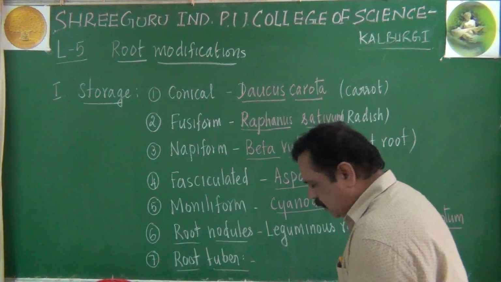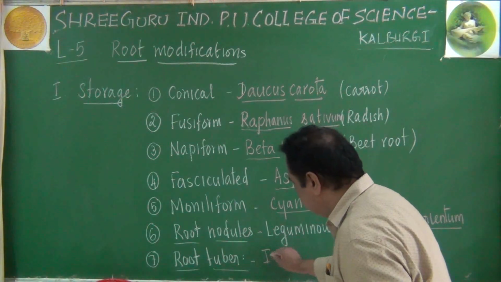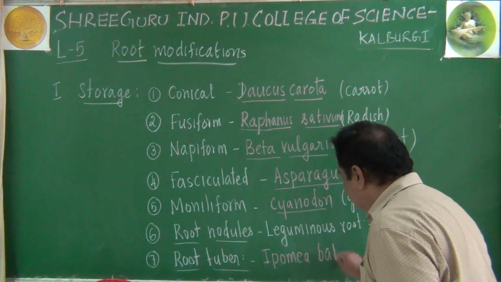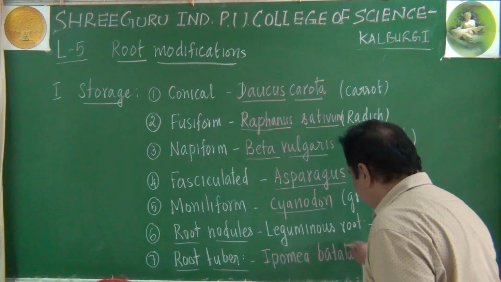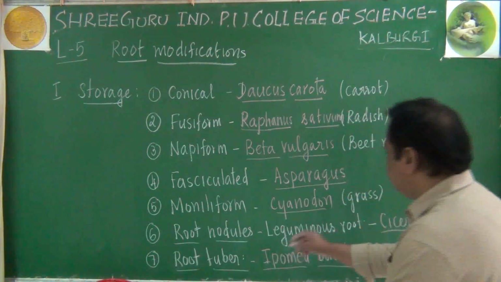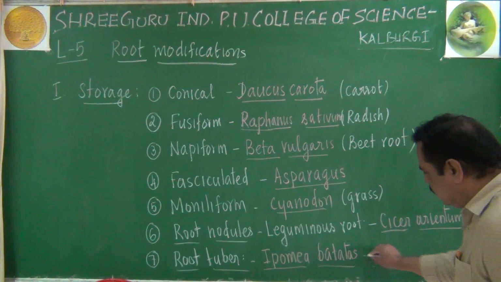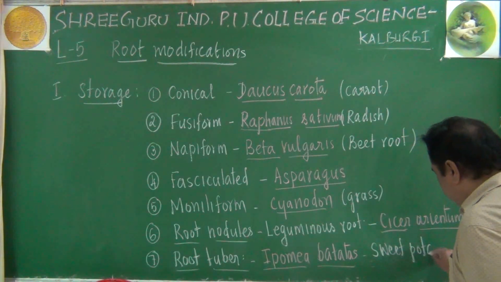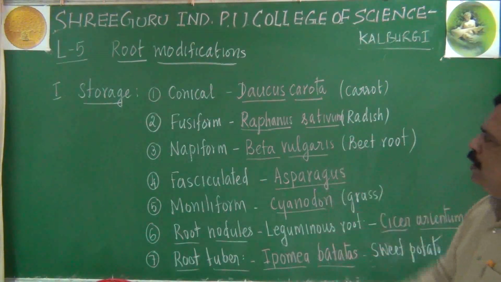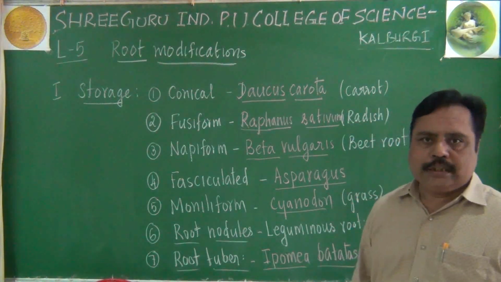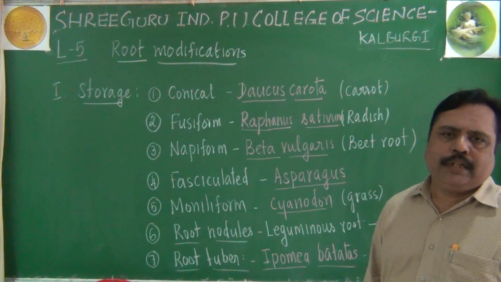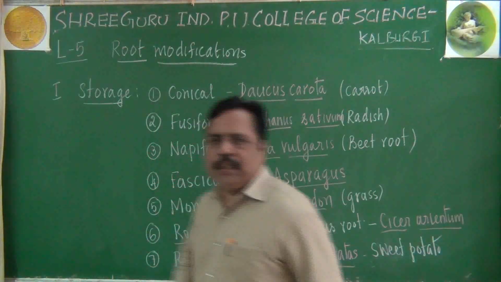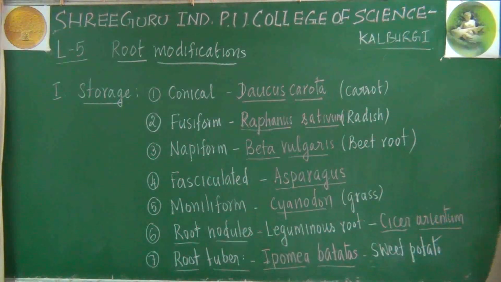Sweet potato, which is biologically called Ipomoea batatas. Commonly it is called sweet potato. So remember, this is regarding storage. Seven storage functions we have seen related to root modification. I hope you got this point. Just make note.